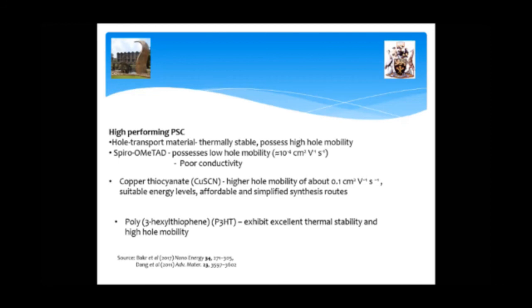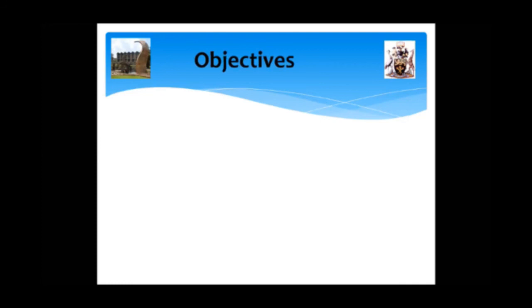It also possesses suitable energy levels, it is affordable, and its synthesis route is very simple. The other hole transport material that we are proposing to look at is P3HT, which exhibits excellent thermal stability and high hole mobility. Okay, to the next slide.